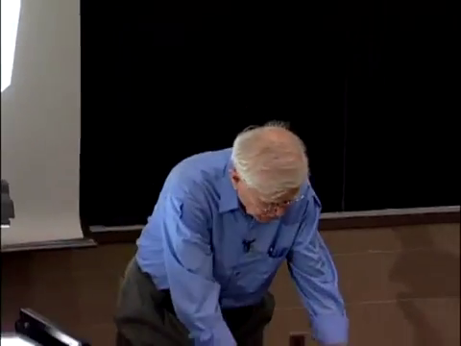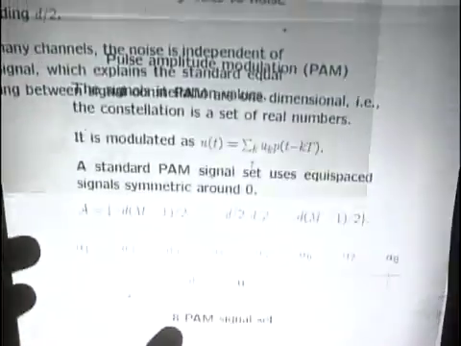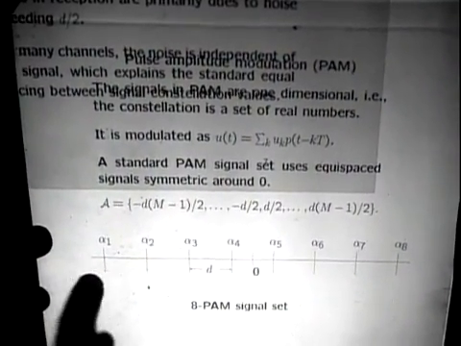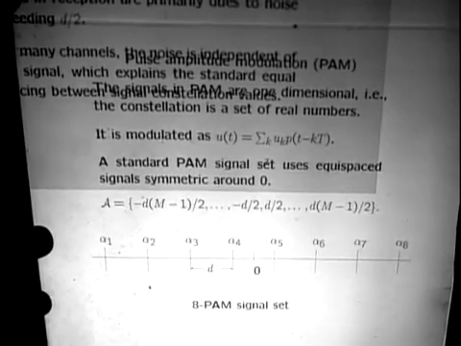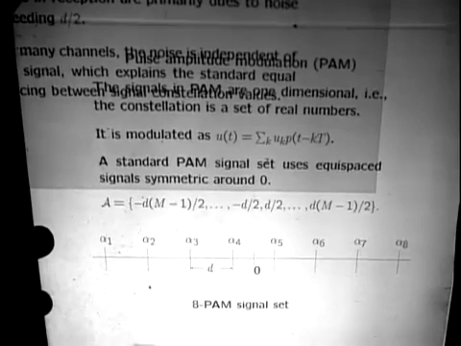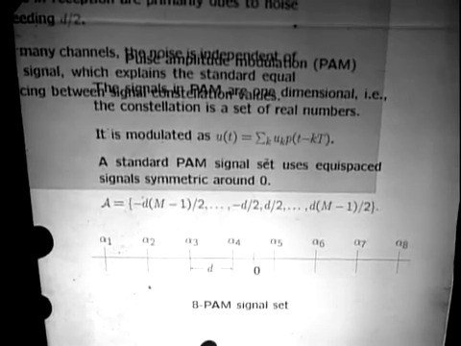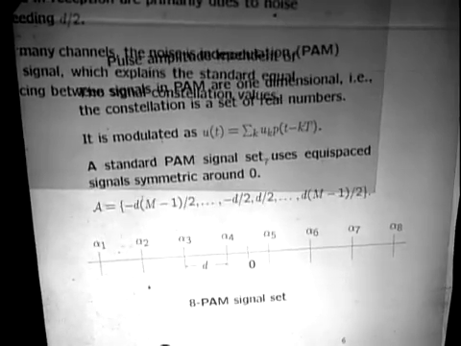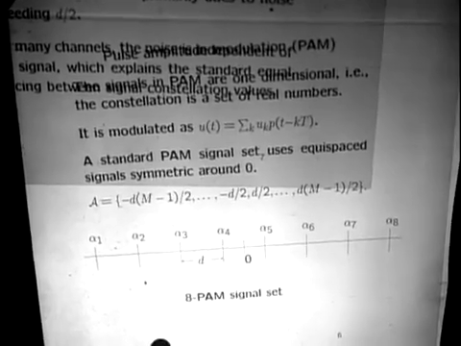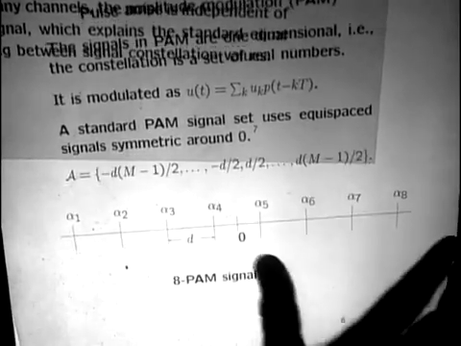So usually when you have a standard PAM system, that number there, 8 PAM, means 8 signals. 8 is usually going to be replaced by 4 or 16 or 32 or 64 or what have you, and usually not anything else, because you're usually going to deal with something which is a power of 2, because the logarithm of this to the base 2 is the number of bits which are coming into the signal former for each signal that comes out.